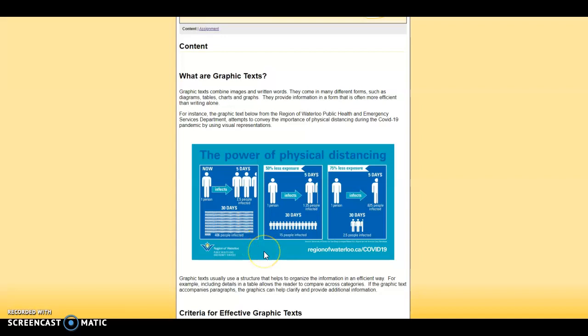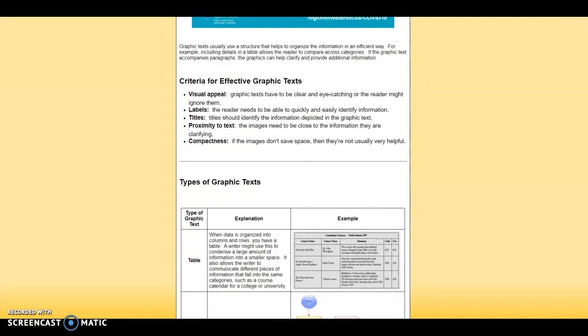So the argument here is that they can get information to the public in a quicker, easier to understand manner if they use a graphic text than if they just used writing, right? So that's why we use graphic texts, so that our information can be presented clearer and hopefully in a more effective, attention-grabbing way. Okay? So if we continue on here, you'll see criteria for effective graphic texts.